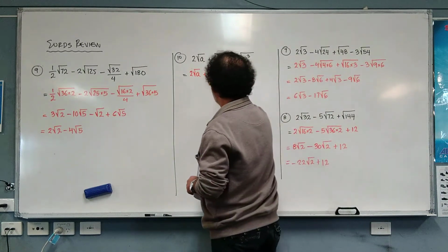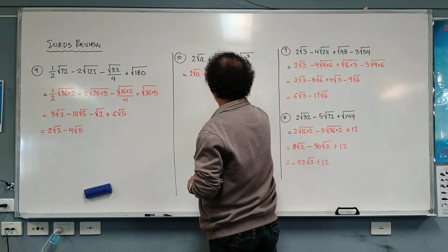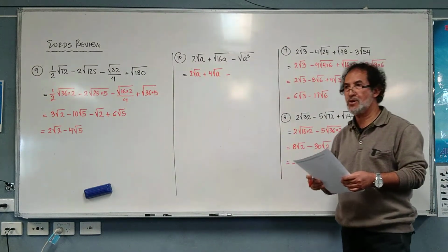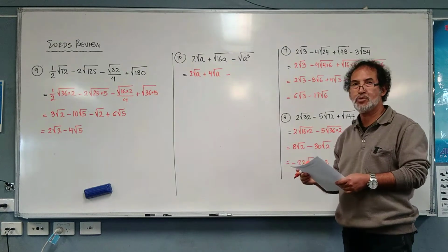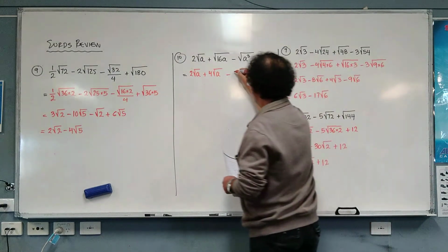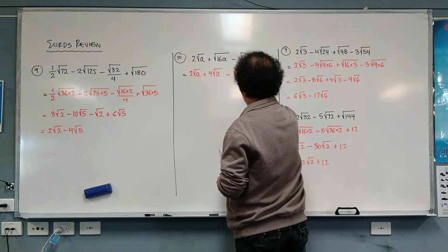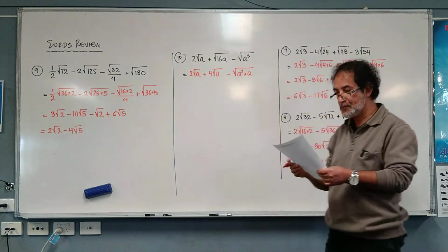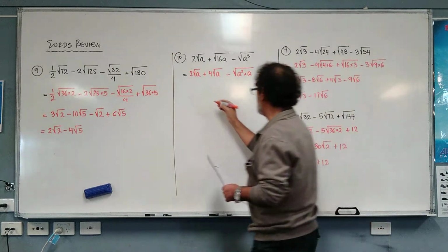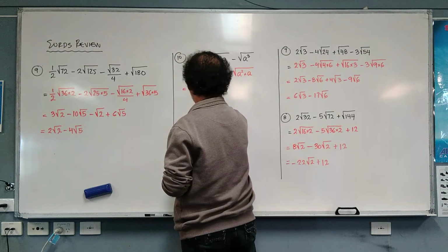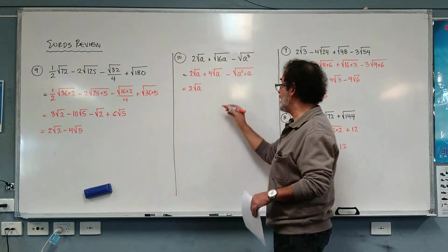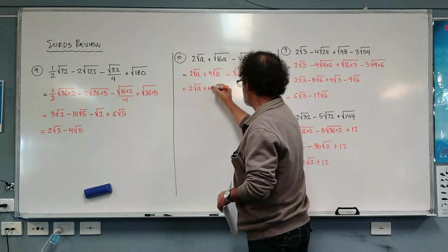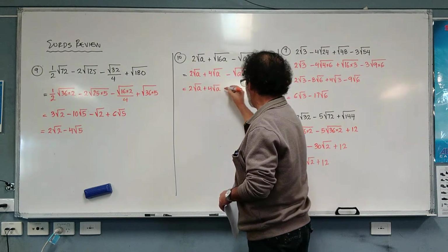Okay, so we're going to have 4. And then the next one, pay attention to the next one. So we need to find the square root of a cubed. Well, what you do is square root of a squared multiplied by a, which is the same thing, all right?